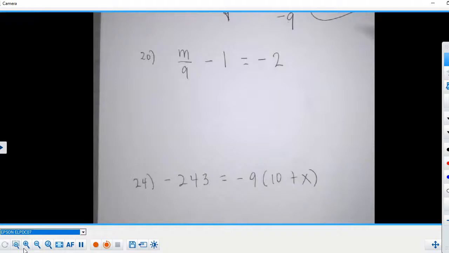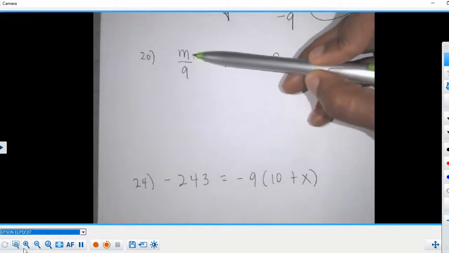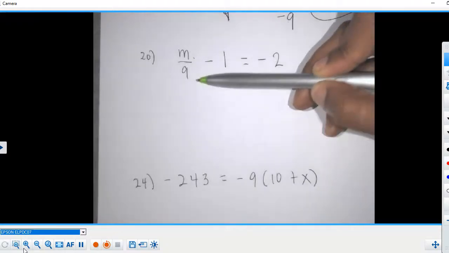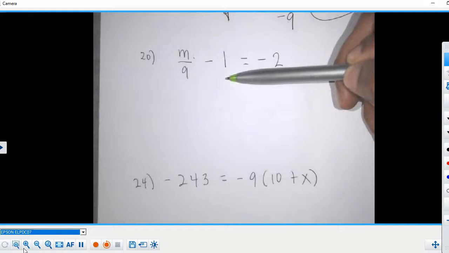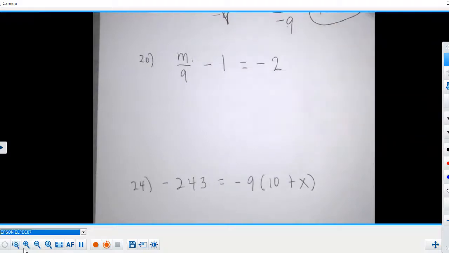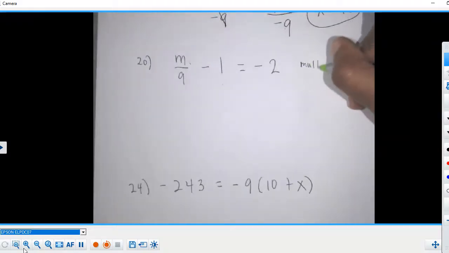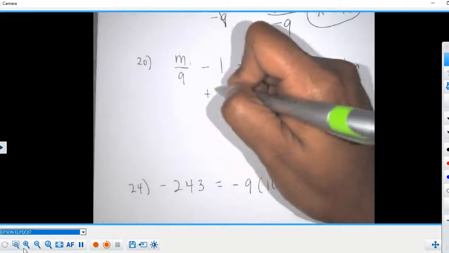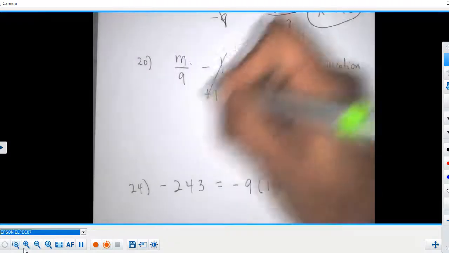For this one, what is happening to m? M is being divided by 9, and 1 is being subtracted away. Okay, so I see division. I'm going to think about multiplication as my inverse operation. I see subtraction, so I want to do addition as my inverse operation. So let's add 1 to both sides.